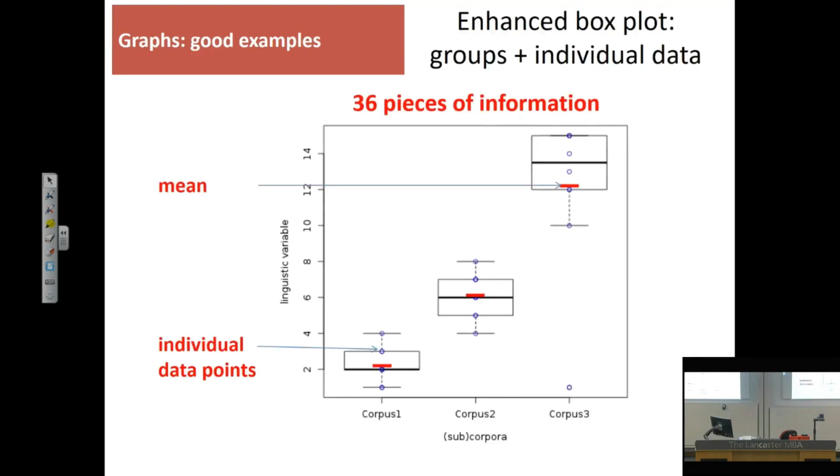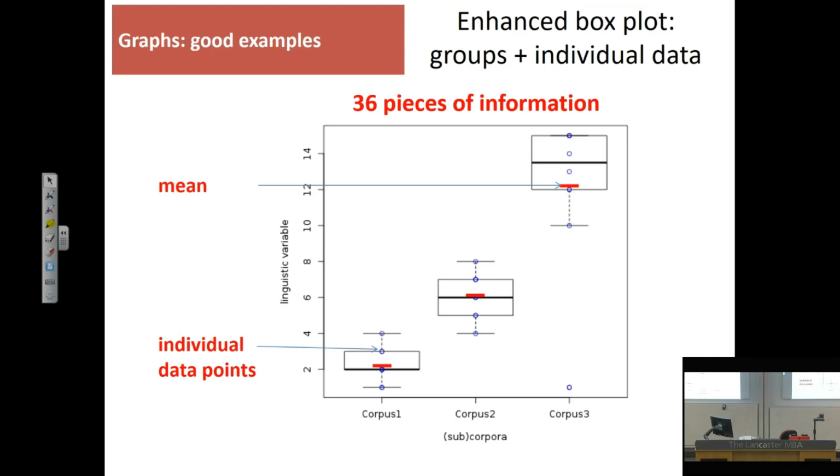We can go even further, and this is an enriched box plot that the Lancaster stats tools produce, and we can actually overlay some more pieces of information in the same graph. So what we display here are the individual data points in addition to the general statistics, and we also display the mean, which is the red line here.